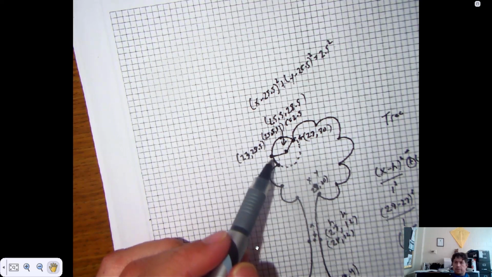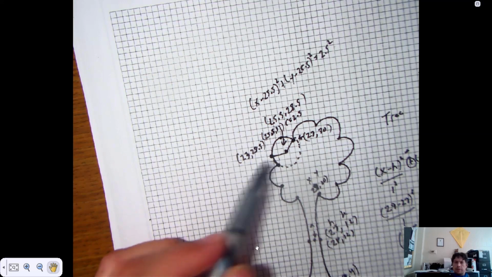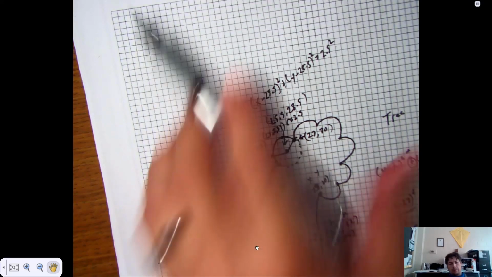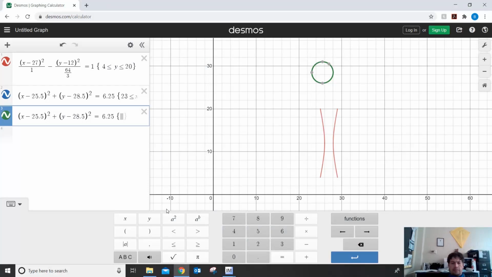Well, I guess that's a 22. That's 23. This must be at 24. So x values between 23 and 24 are going to be drawn. And there we go. There's that.